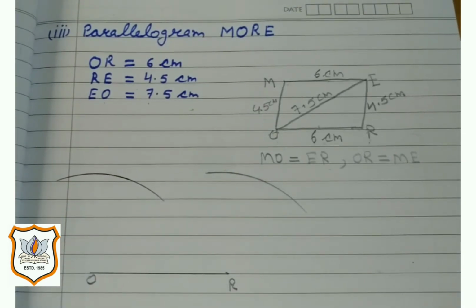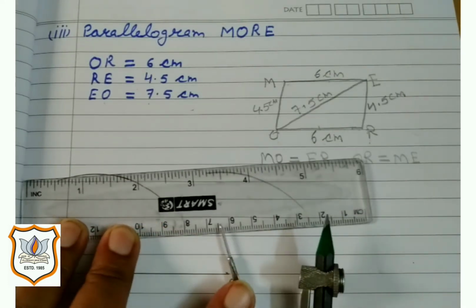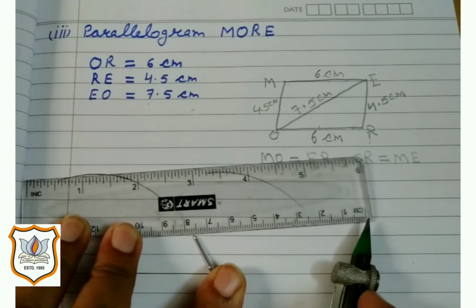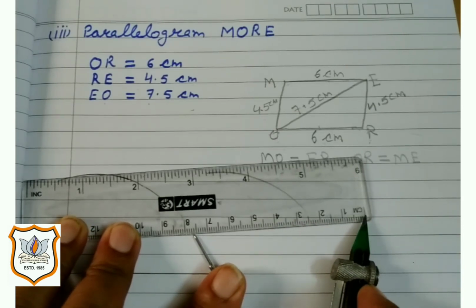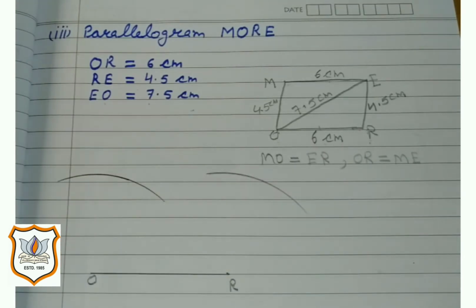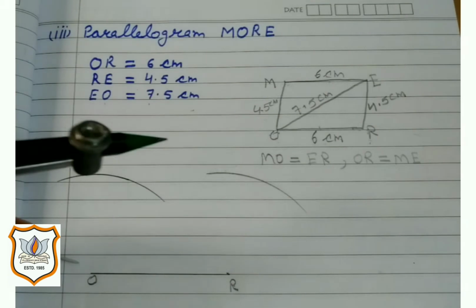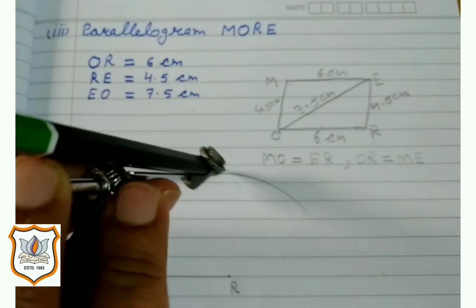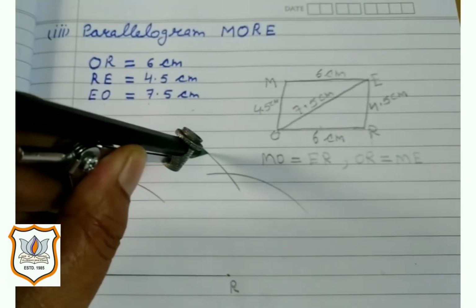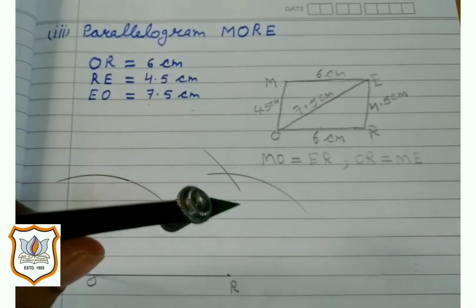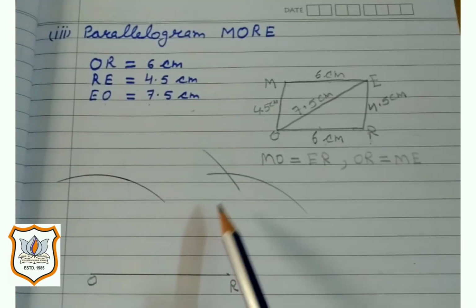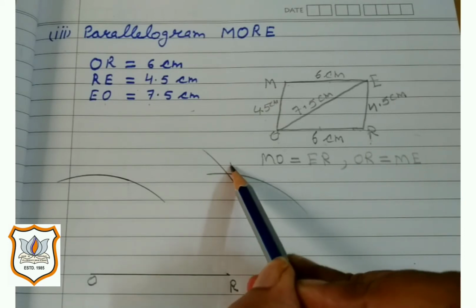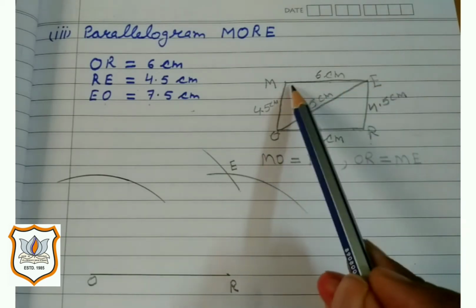Now we will draw OE. OE is 7.5 centimeter. So we will take 7.5 centimeter in the compass. This is 7.5 centimeter and we take O as a center, and we draw an arc of radius 7.5 centimeter. Clear? This arc intersects the previous arc at point E. So this is E. Now we will draw ME.